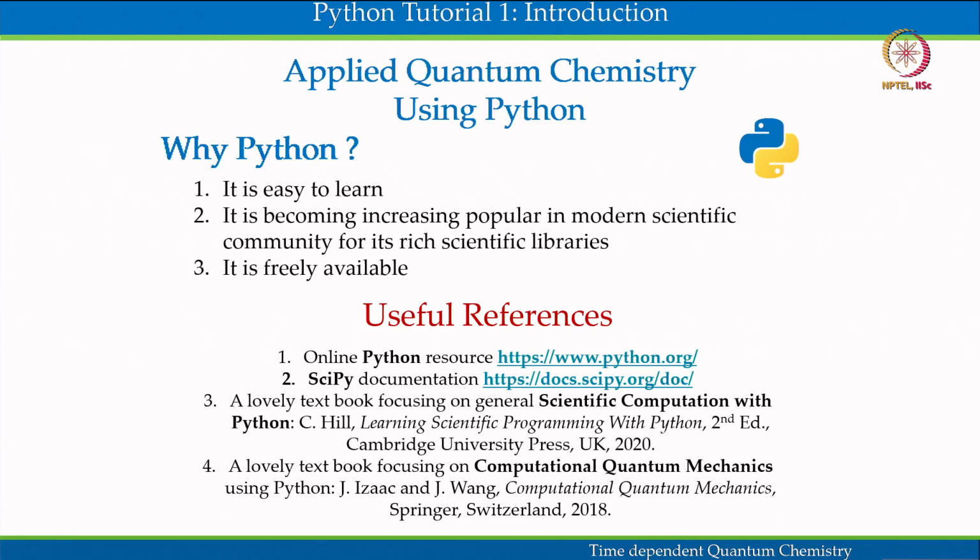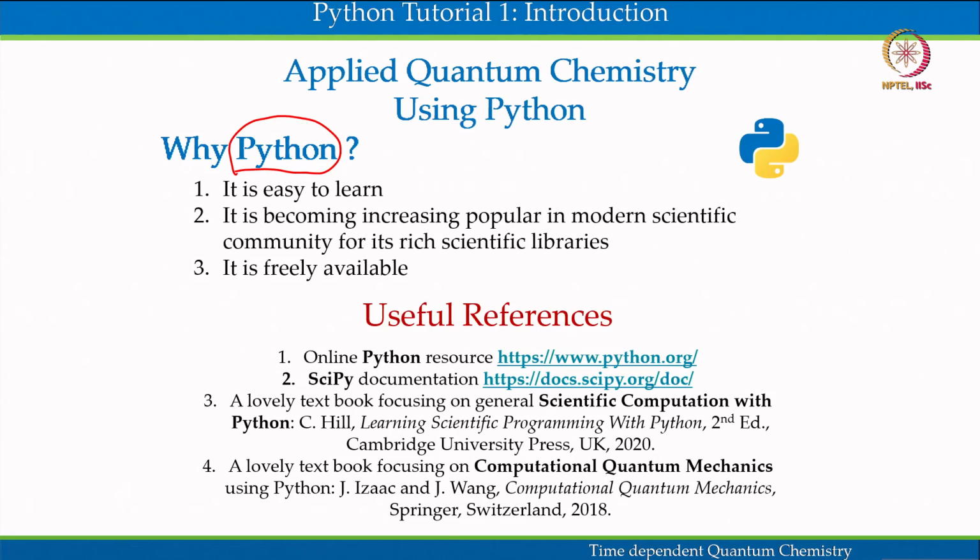So the question is, what kind of programming language should we use to make the study of quantum mechanical systems practically useful? We have selected the Python programming language for this course, and there are a number of reasons why.